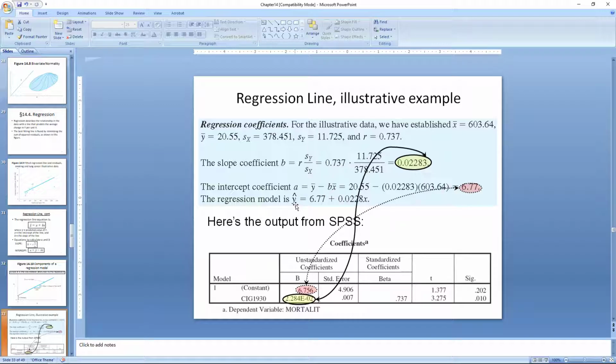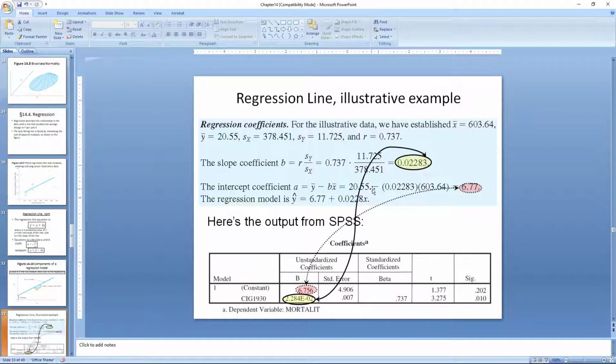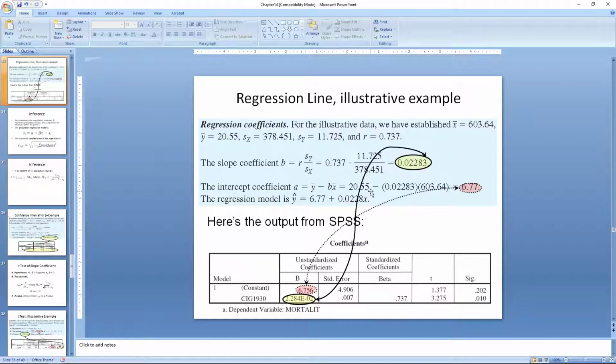So our predicted value y is going to be equal to 6.77 plus 0.0228 times x, and that's how we determine the line that predicts the average change in y per unit of x, which is how we started off with getting our regression model started.